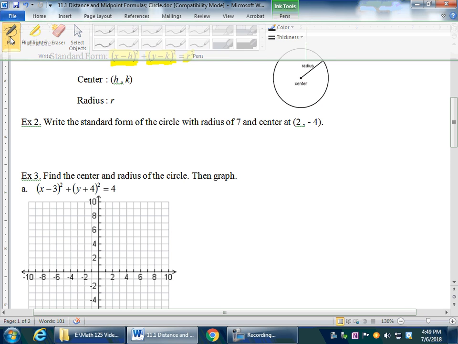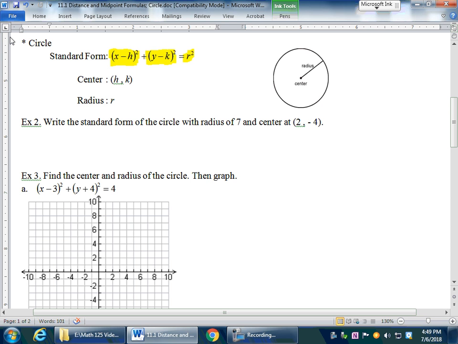The first example tells you to write the standard form of a circle with a given radius and center. So I know that my radius is r, my center is (h, k). Writing the formula first, that will be (x minus h) squared plus (y minus k) squared equal to r squared.